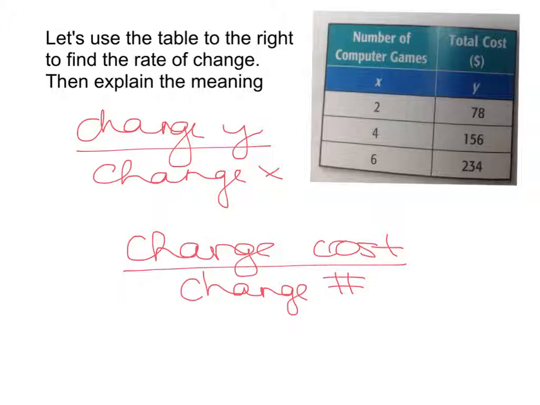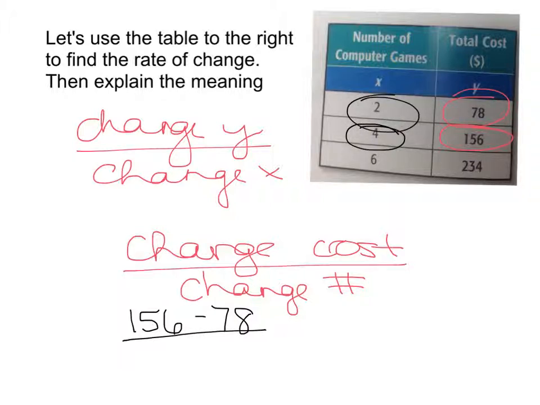So we're going to take a look at just the first change. So 156 and 78. We have to find that change. So you want to find the difference. So 156 minus 78 over the change in numbers, so the 4 and the 2.